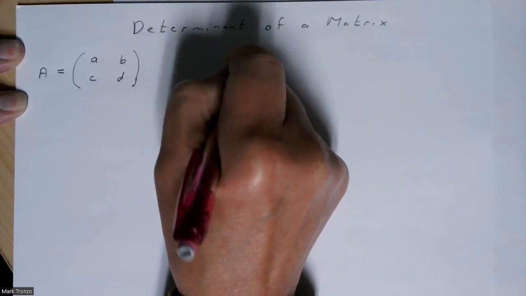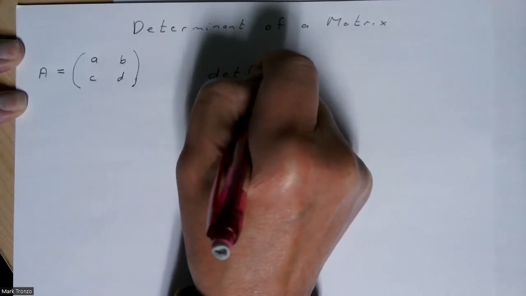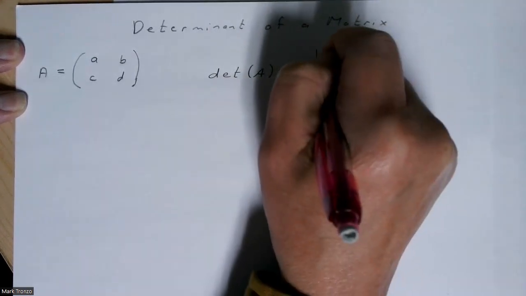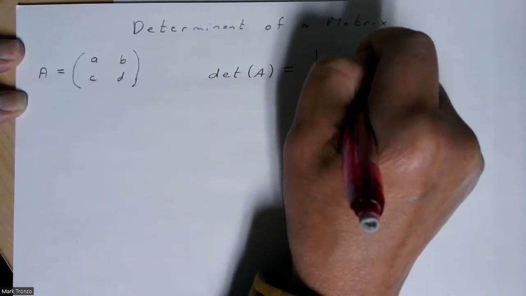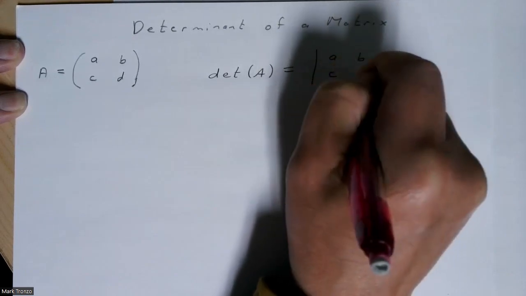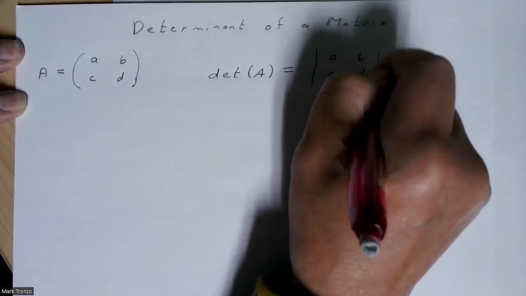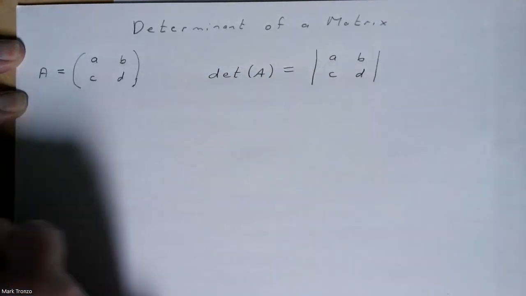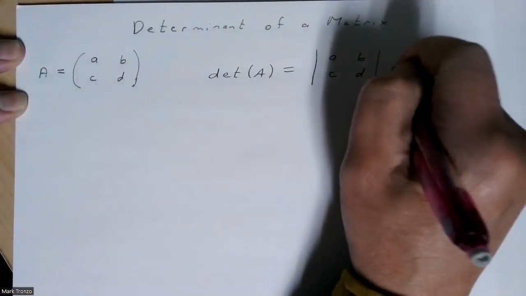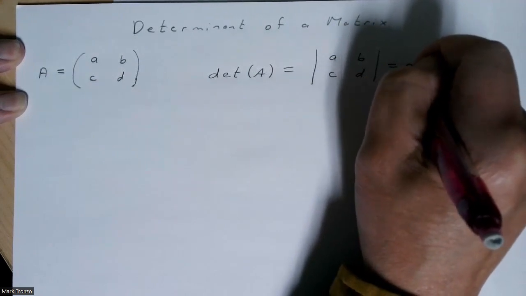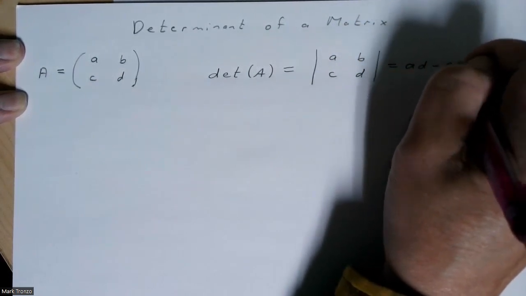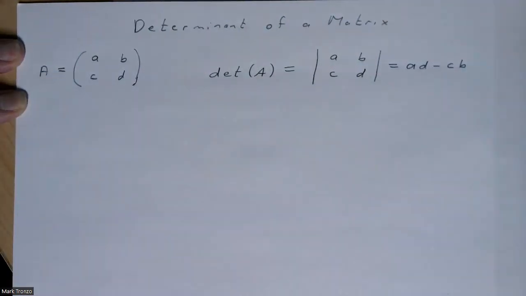The determinant of A, which can also be expressed as |a b; c d| with these two vertical bars, is going to be a times d minus c times b.